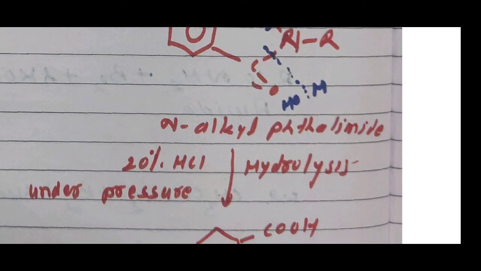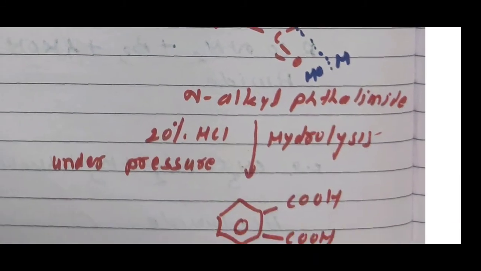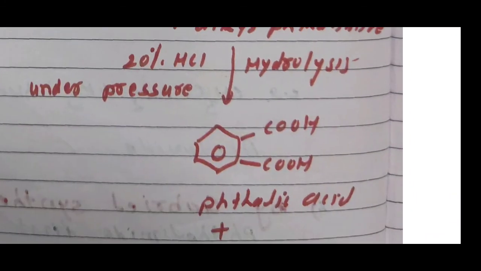Then N-alkyl phthalimide undergoes hydrolysis in the presence of 20% HCl under pressure. Hydrolysis means addition of a water molecule. Here hydrolysis requires two water molecules. I am showing the bond breaking like this: the CON bond breaks, giving one COOH and another COOH, and the two hydrogen atoms attached to the nitrogen, forming phthalic acid.